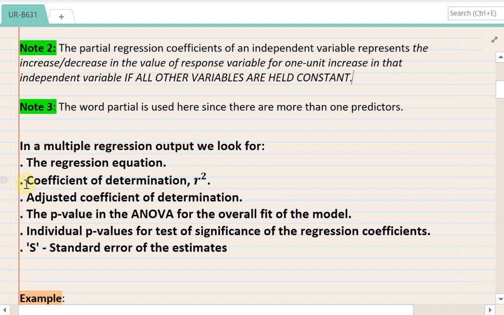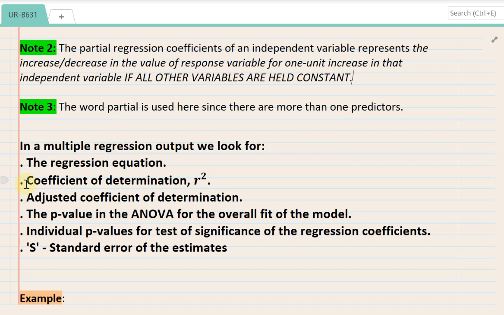Remember r, the Pearson correlation coefficient, that's only for simple first order models. We look at the adjusted coefficient of determination, so that's r squared adjusted. We look at the p-value in the ANOVA, and that p-value in the ANOVA tests the overall global hypothesis that we have the right or we do not have the right model, the overall fit of the model.